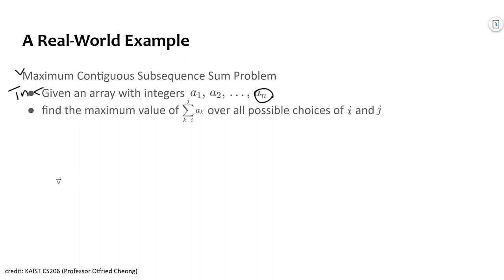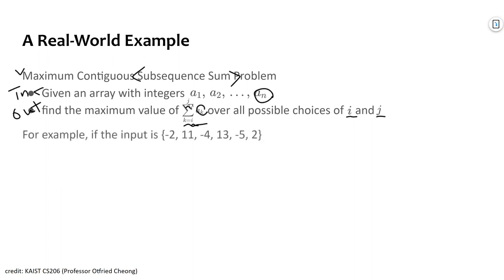And what we want to do is find, and this is going to be our output, the maximum value of the subsequence sum over all possible choices of i and j. So this is summing some part of consecutive numbers. So k starts from i and ends at j. And we want to sum these numbers.